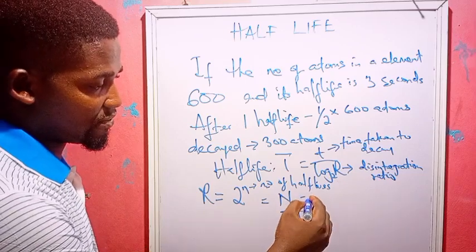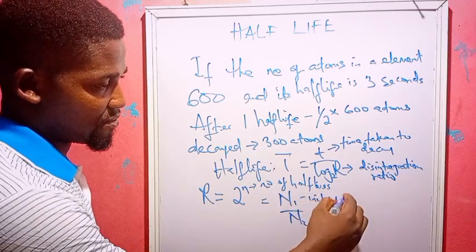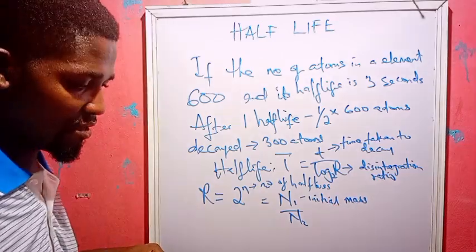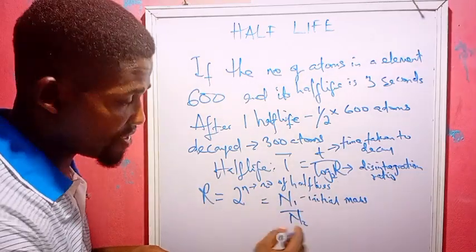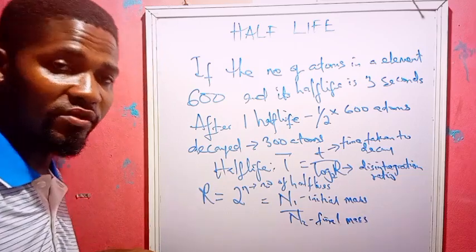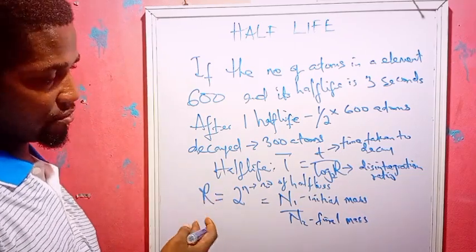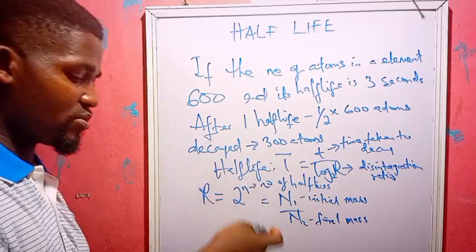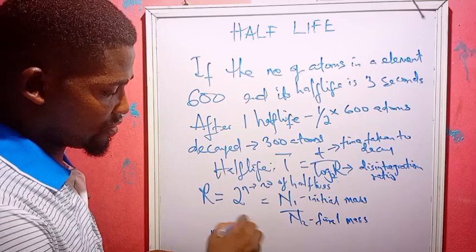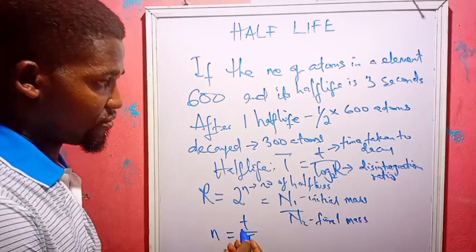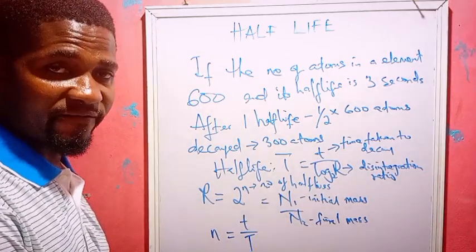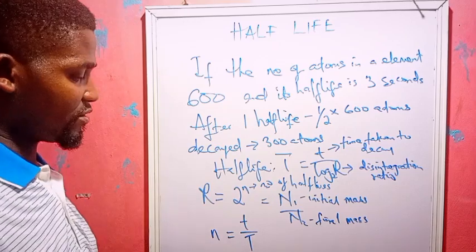N1 is the initial mass before decay, while N2 is the final mass or number of atoms after decay, that is what is remaining. Take note that n is equal to t over T, where t is the time taken for decay to occur and T is the half-life.